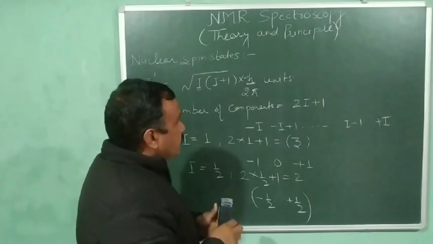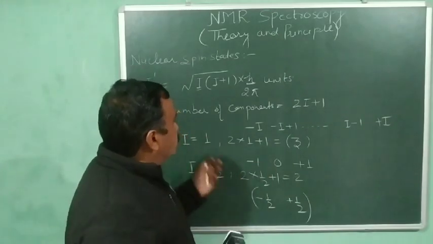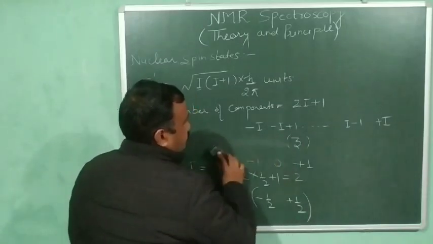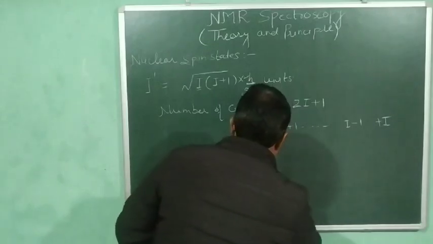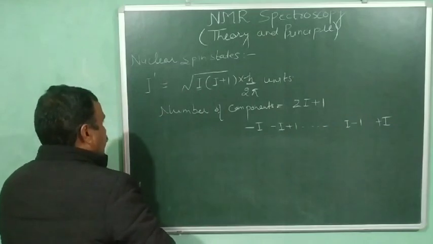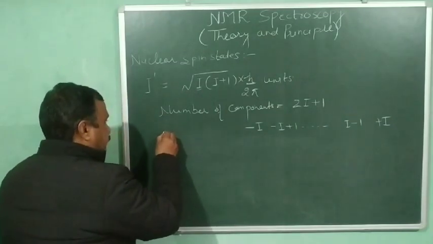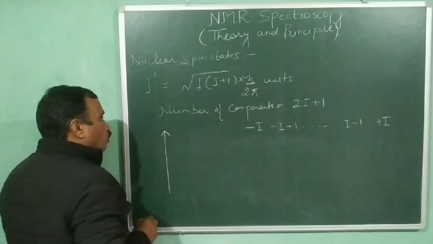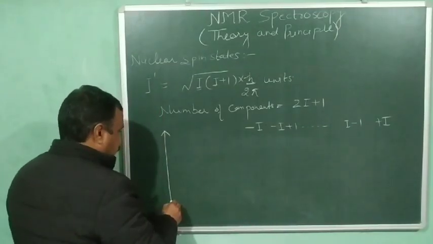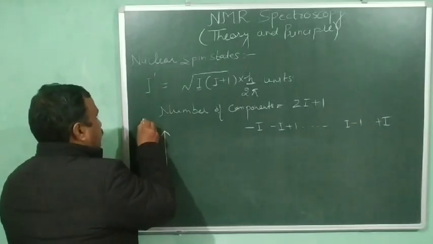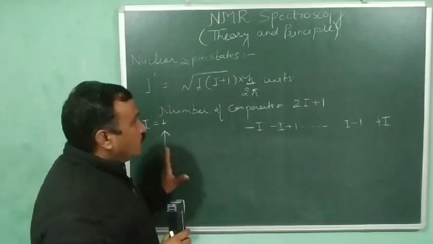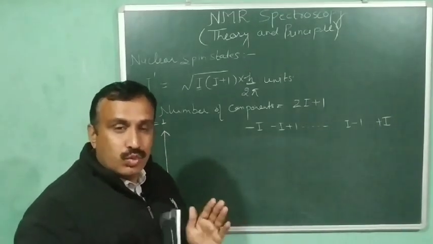Let us represent these components with the help of a diagram. In the diagram we have a semicircle. Suppose the angular momentum vector is pointing in this direction, and the nuclear spin quantum number of the nucleus is 1, and this nucleus will have three components as I discussed: -1, 0 and +1.